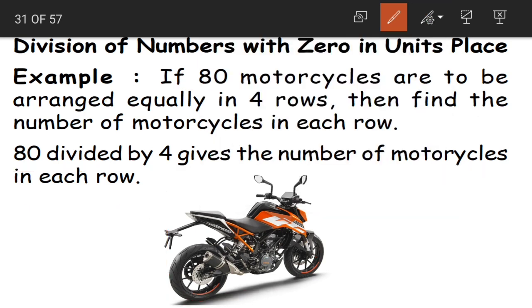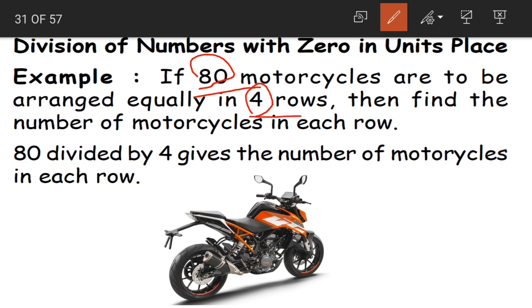Yes children, if I say 80 chocolates are to be distributed among 4 students, then how many will each student get? What will you do? 80 divided by 4. Yes, in the same way, these 80 motorcycles are to be arranged equally in 4 rows.